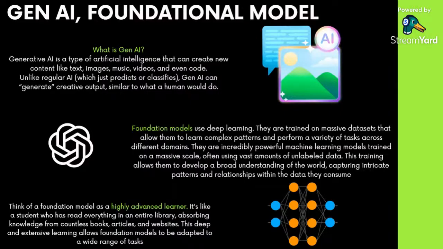This deep and extensive learning allows foundational models to adapt to a wide range of tasks. That's why foundational models, including ChatGPT and every modern AI, can adapt to every type of task you give it. You name anything and it gives an answer for anything possible, right? How is it possible? Because it has learned everything.